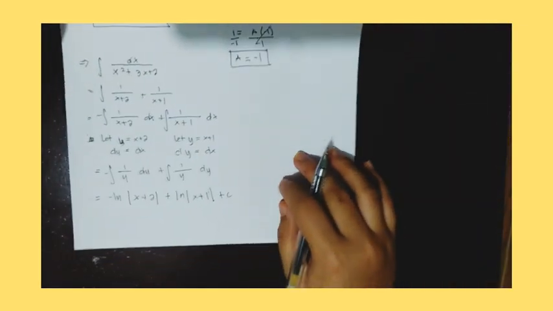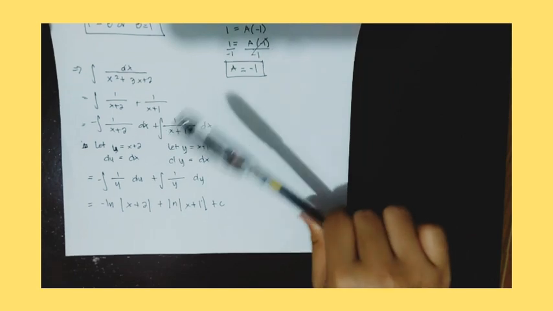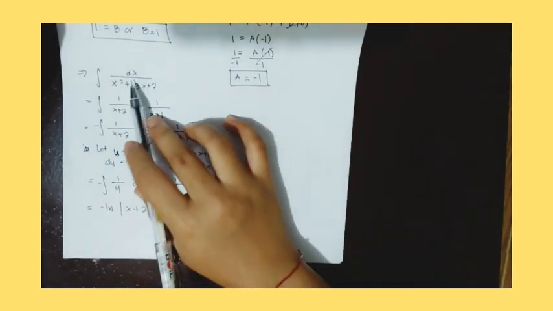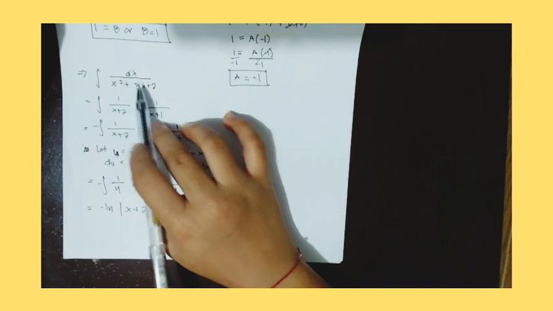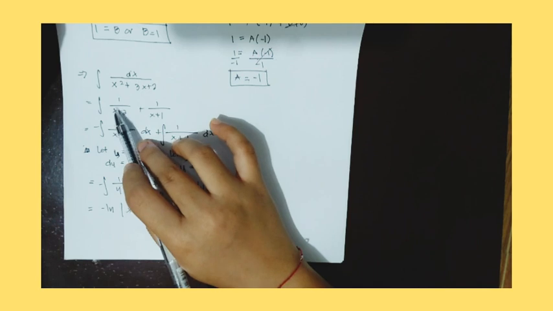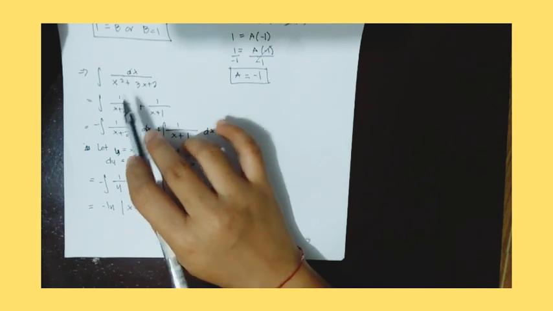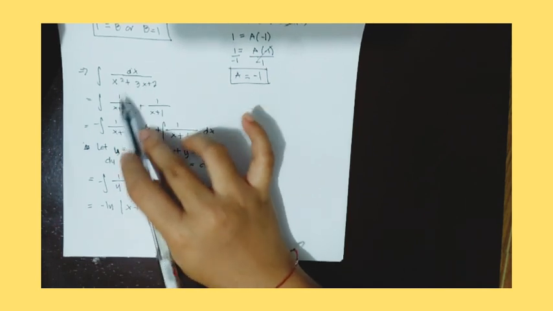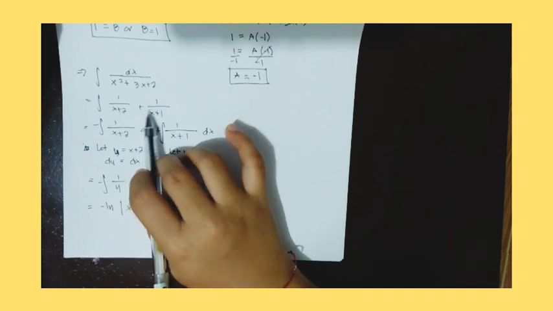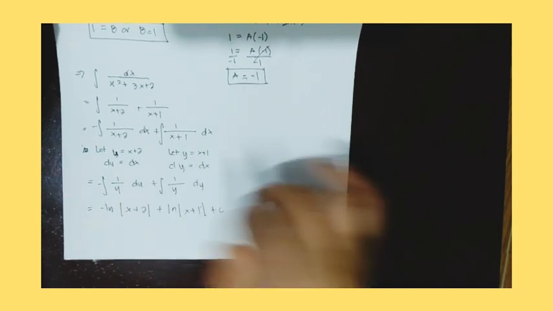Then we proceed to solve the integration. The integral of dx over x squared plus 3x plus 2 becomes the integral of negative 1 over x plus 2 plus 1 over x plus 1.